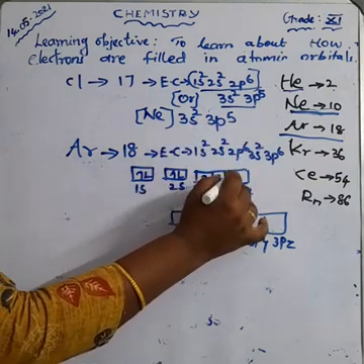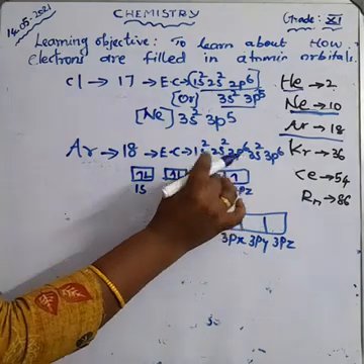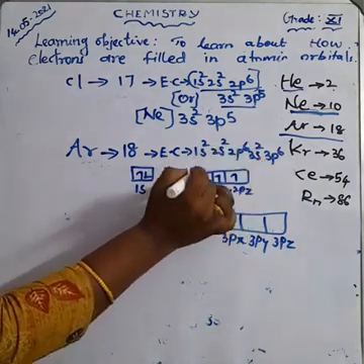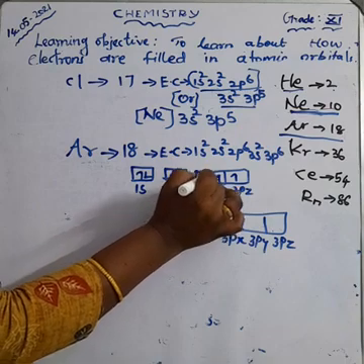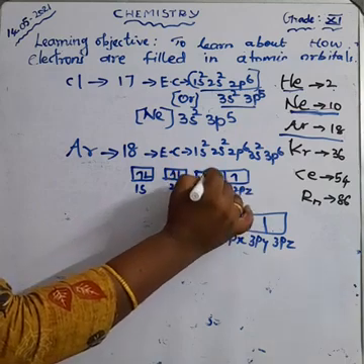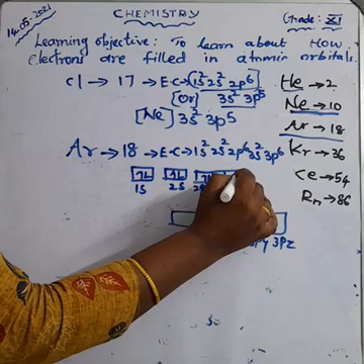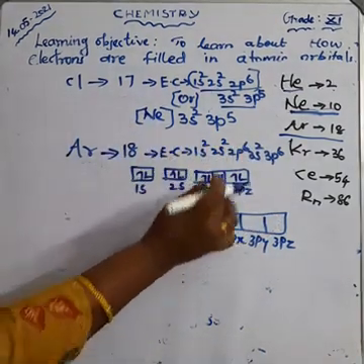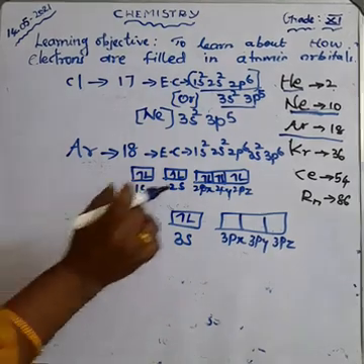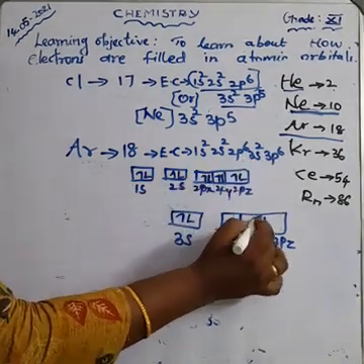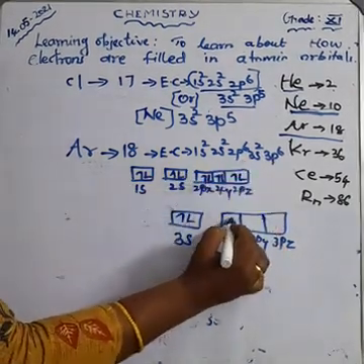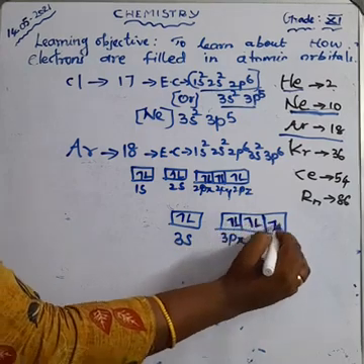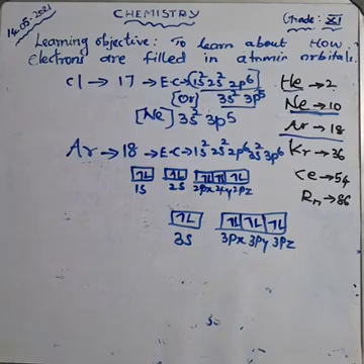You should fill simply, totally 6 electrons, 3 electrons first; after we fill in the 3 electrons, we can pair up. Then in 3s, 2 electrons are there, and the 3p orbital also has 6 electrons: 1, 2, 3, 4, 5, 6.